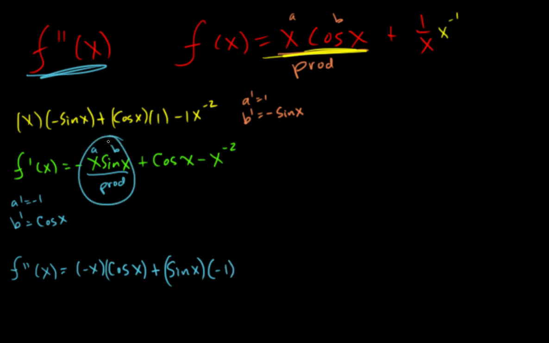Okay, once again, that was just the derivative of this. And the derivative of this is negative sine x. And the derivative of this is going to be positive 2x to the negative 3.